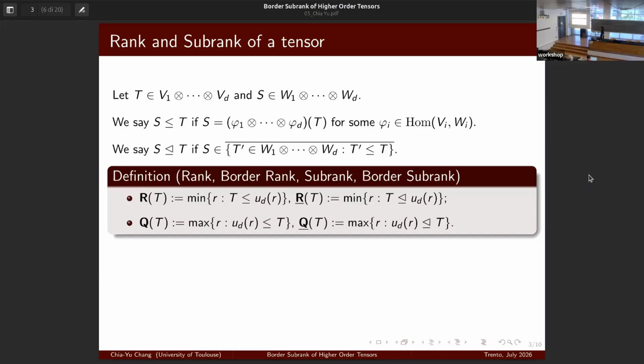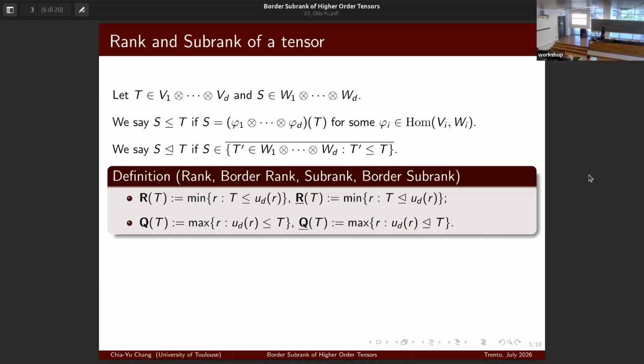And then for the subrank and border subrank, we also use the diagonal tensor to compare with the tensor, but we switch the position of our tensor and the diagonal tensor.